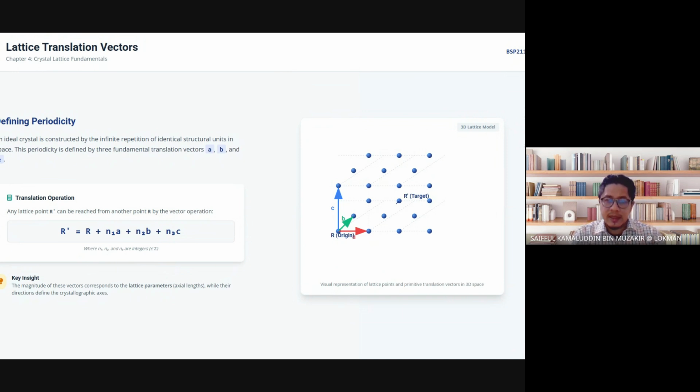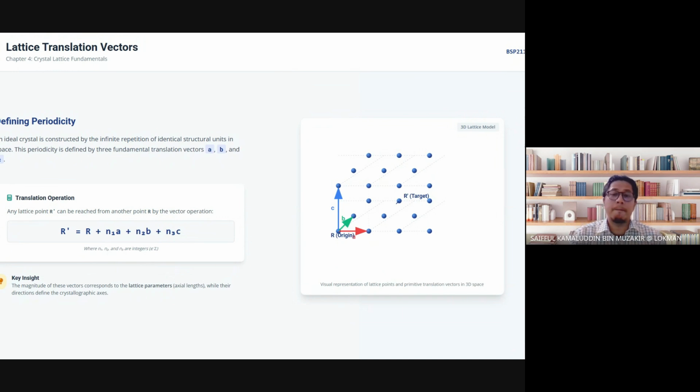So this idea of periodic repetition is extremely important, because later in the reciprocal lattice, we will also build from periodicity, but in different space. Now we are still talking about the real space where the atom is located.